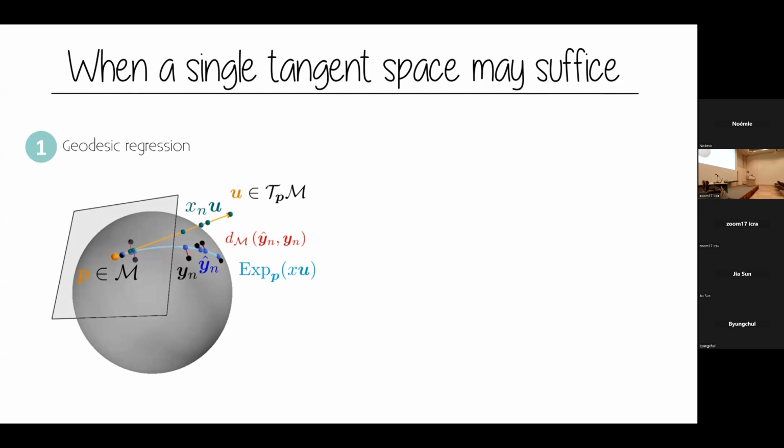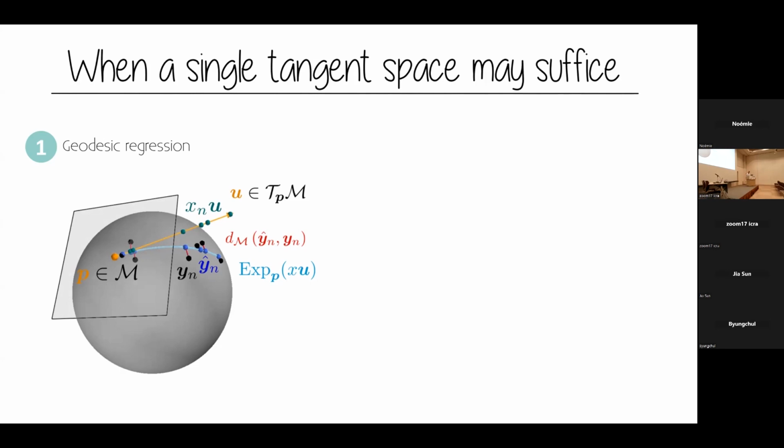This doesn't necessarily mean that we are solving a linear regression on the tangent space. What this means is that the geodesic is intrinsically defined on the manifold, but of course, it depends on the direction of the velocity under which we can throw the geodesic along the manifold.